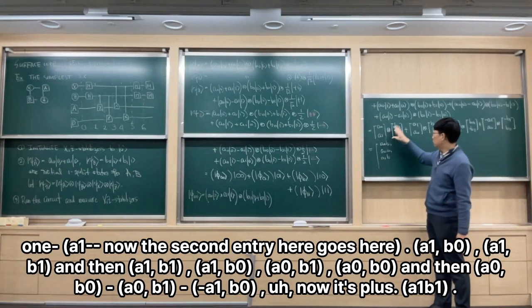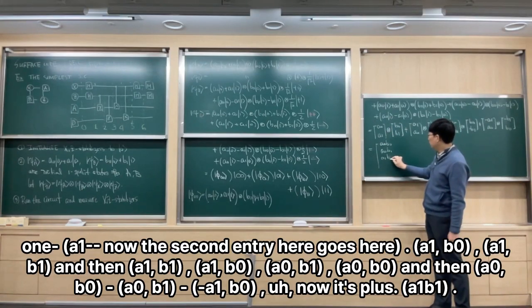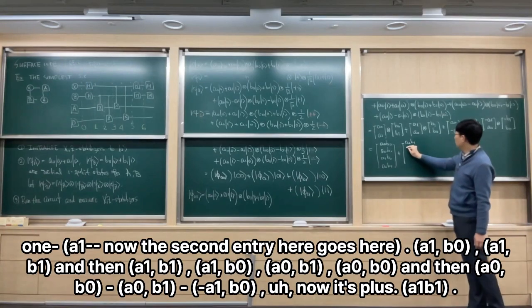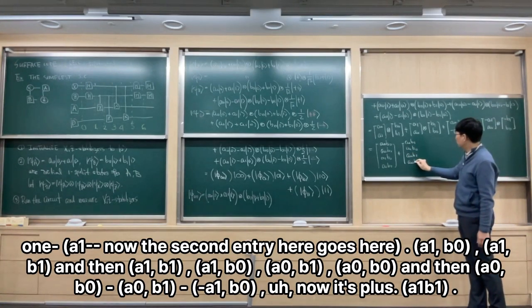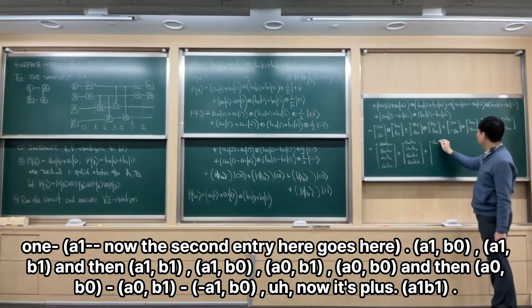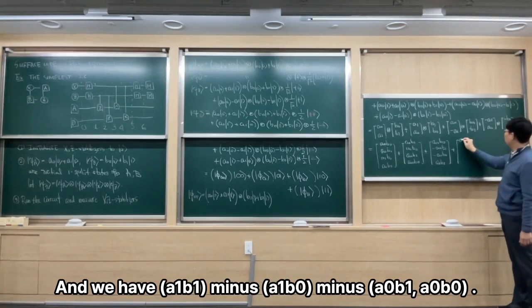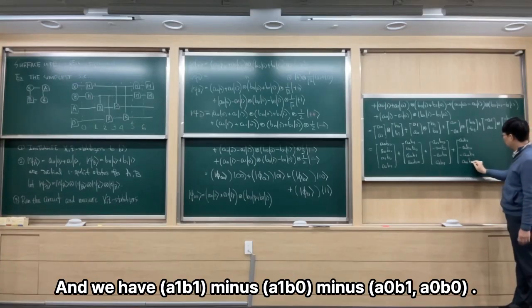Now the second entry here goes here: A1 B0, A1 B1, and then A1 B1, A1 B0, A0 B1, A0 B0, and then A0 B0 minus A0 B1 minus A1 B0. And now it's plus A1 B1. And we have A1 B1 minus A1 B0 minus A0 B1, A0 B0.